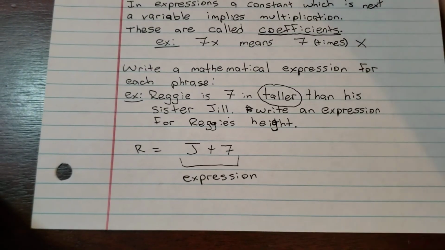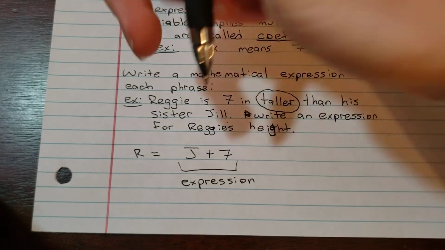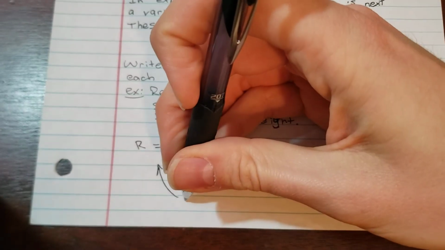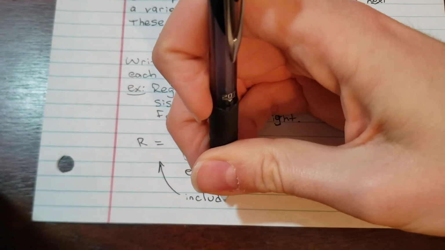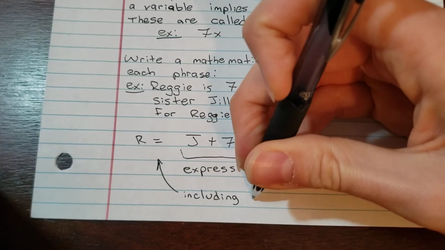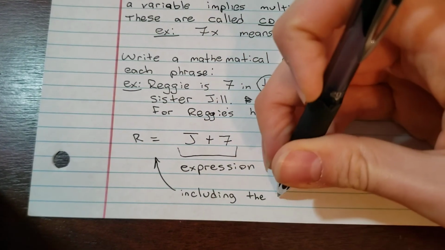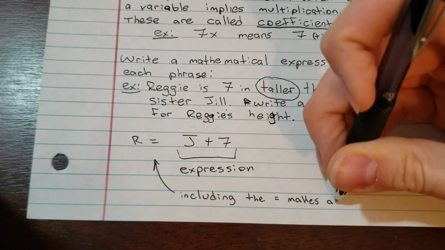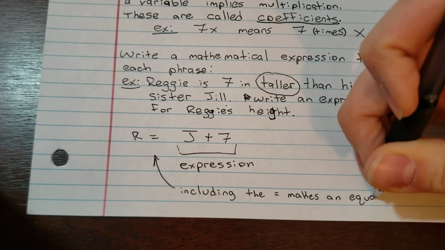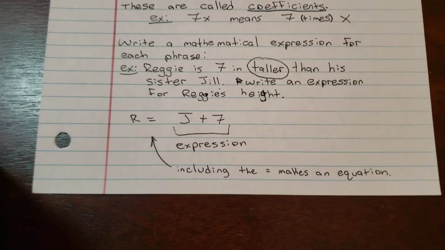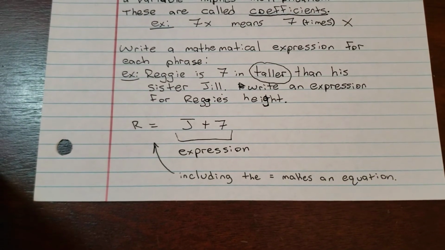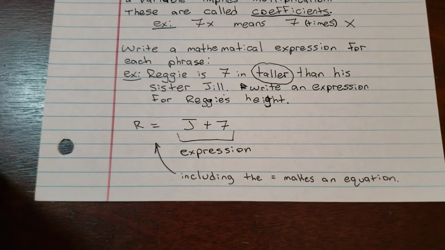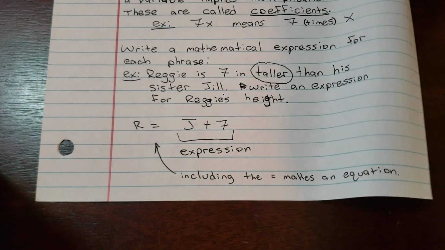So you could just give me the expression. Including the equal sign makes it an equation. And we'll get to equations. We're not there quite yet, so don't worry about it today. I'm not sure if we're going to get to that tomorrow, but we'll get there soon enough, okay?